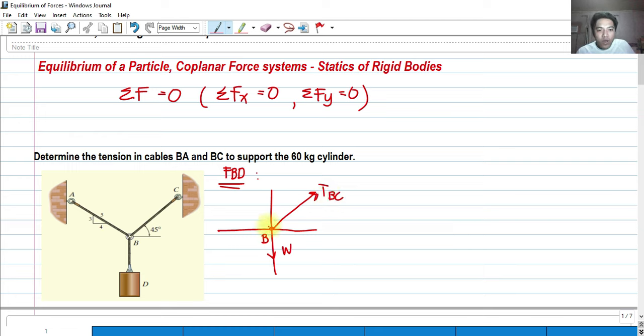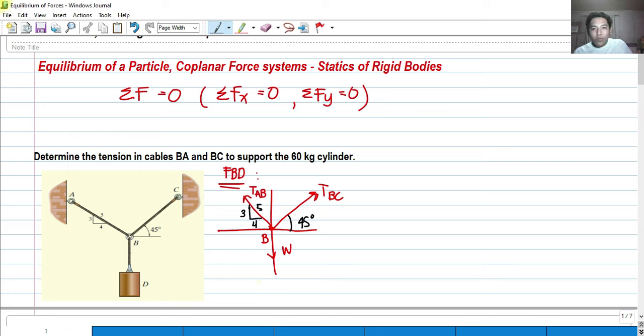And another one here, we have tension AB. Label it as AB. And then we have a given angle with respect to the positive x-axis, so we have 45 degrees. And then we are given a triangle here, with values 3, 4, and its hypotenuse is 5.